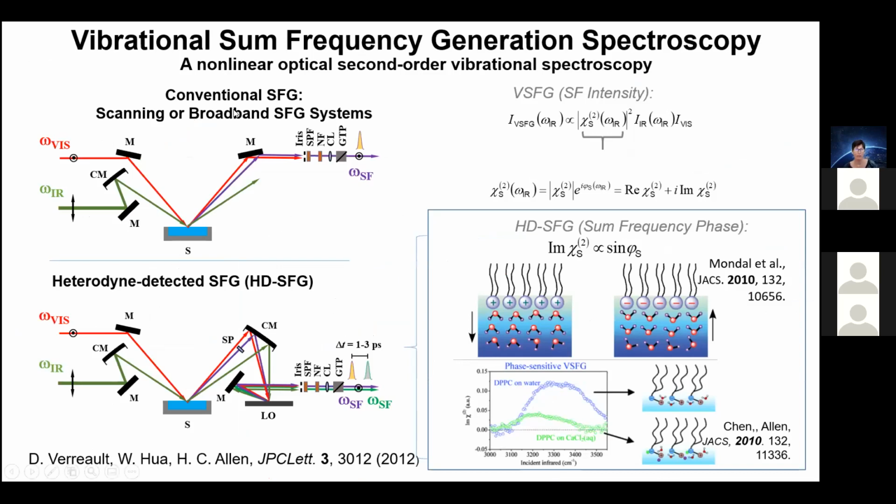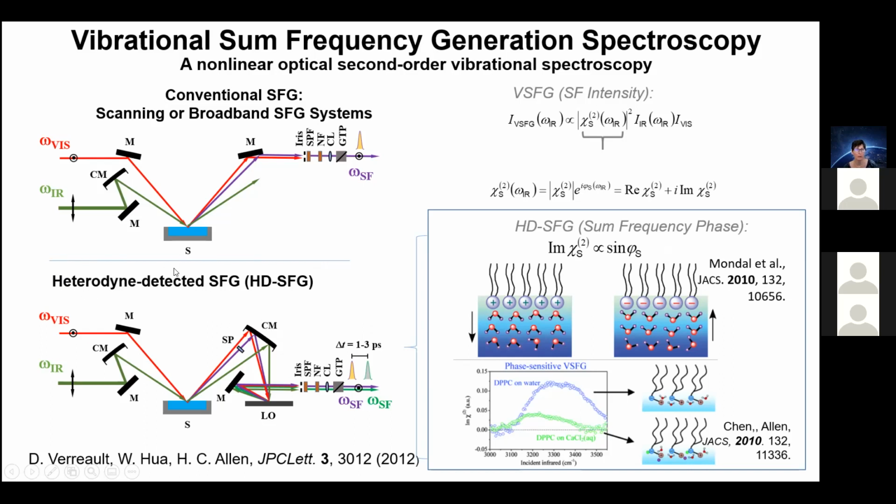Okay, so I wanted to mention a little bit more about the sum frequency generation, because I'm going to show you some heterodyne spectra, because it gives a lot of information again about the orientation of water. So the conventional way that one does sum frequency generation is two beams coming in, and you capture the sum frequency coming off of the sample. There's also a technique called phase resolved in a scanning system, or heterodyne detected in a broadband system, meaning you use a femtosecond system.